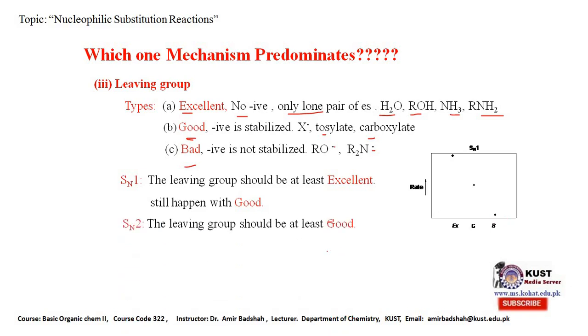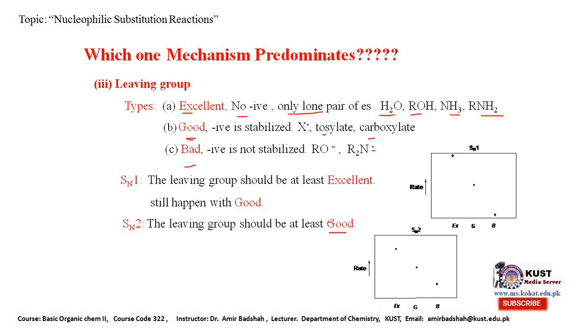For SN2, the nature of the leaving group can also have an effect, but the leaving group should at least be good. An excellent leaving group is far better, but a good leaving group will also follow the SN2 mechanism.